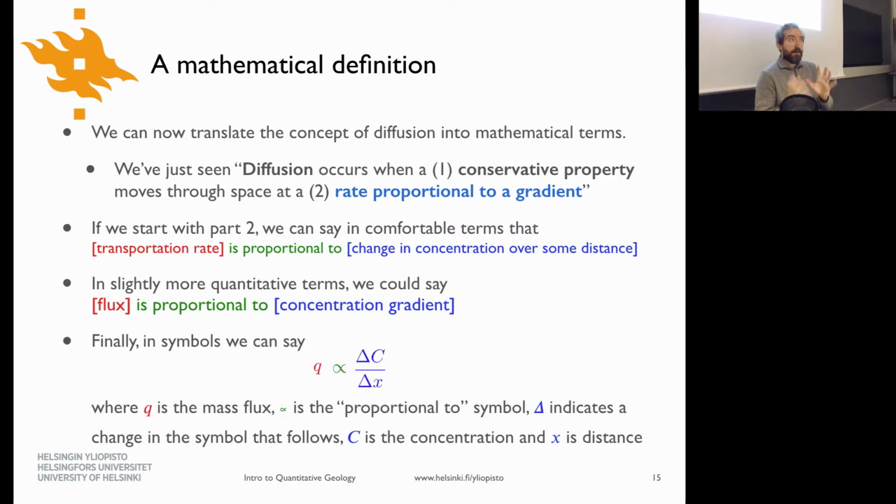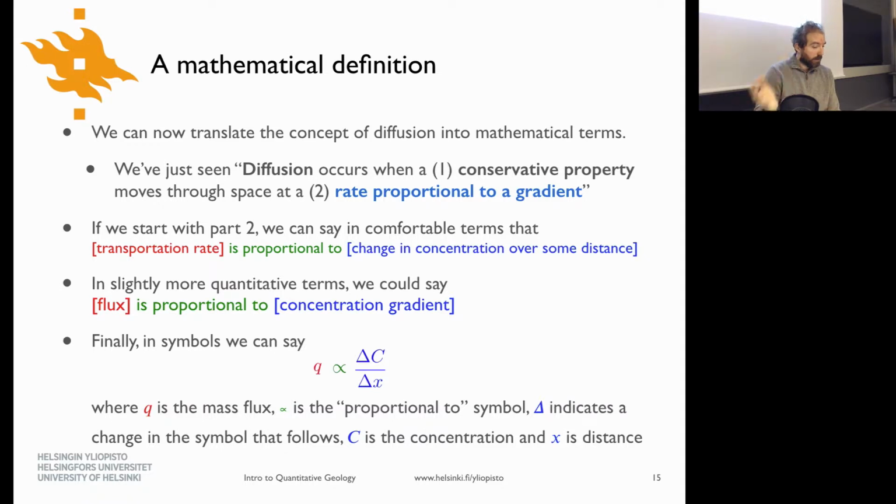And then if we have it in those terms, it's relatively easy to convert that to mathematical symbology, because flux is often represented with the letter Q. There are other terms that can be used there. And this proportionality symbol here is just meant to say that the two terms on either side of it are proportional to one another.